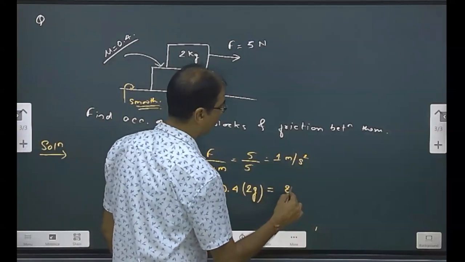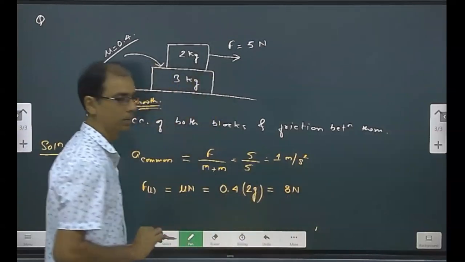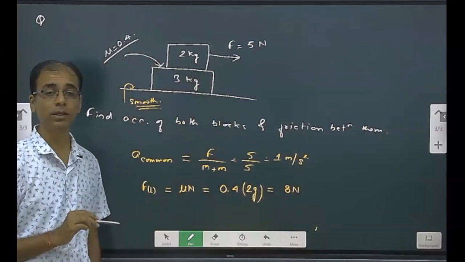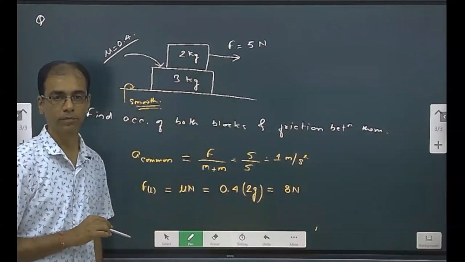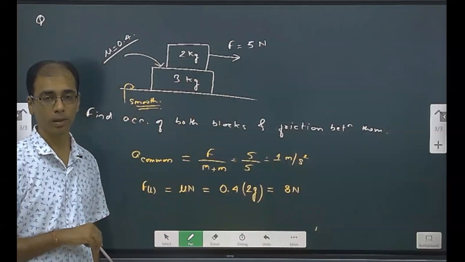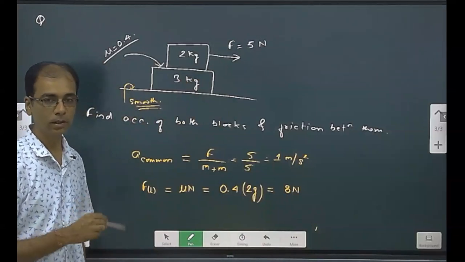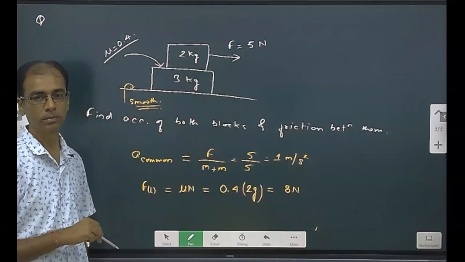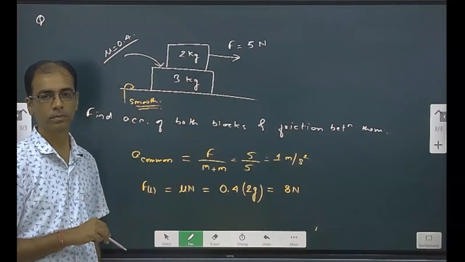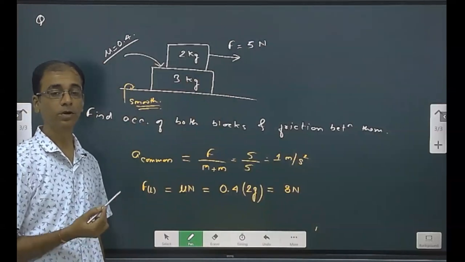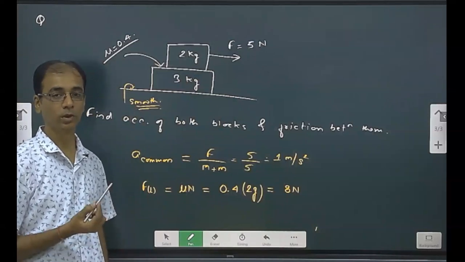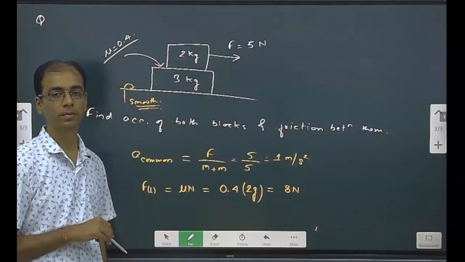Fine. Now what we have to do? This much we did. Now the question is, on which block we have not applied the force? Upper block or lower block? On which block you have not applied the force? 2 kg or 3 kg?